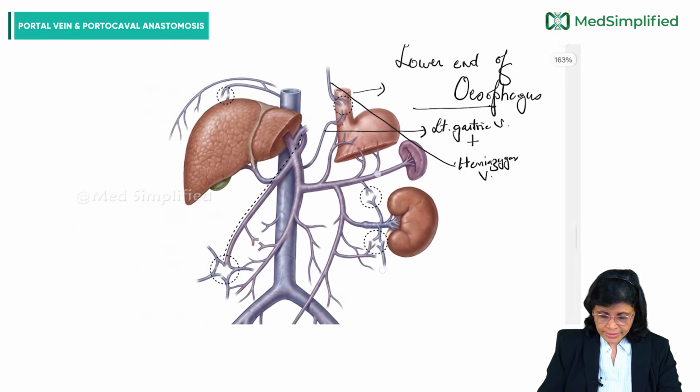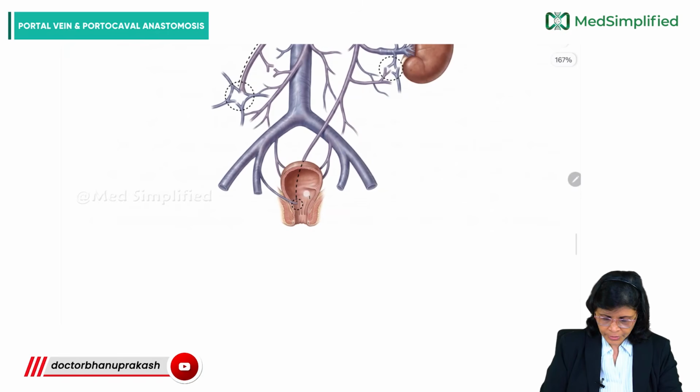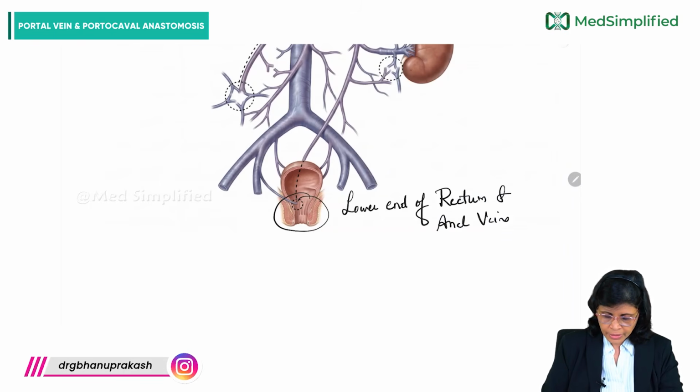Then another important site is the lower end of the rectum and anal canal. Here the vein belonging to the portal system is the superior rectal vein.